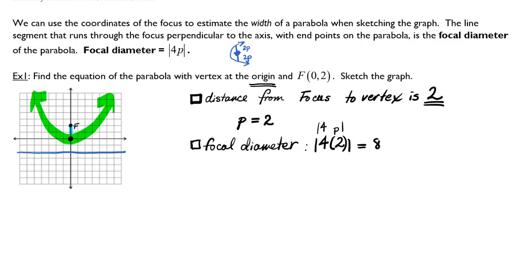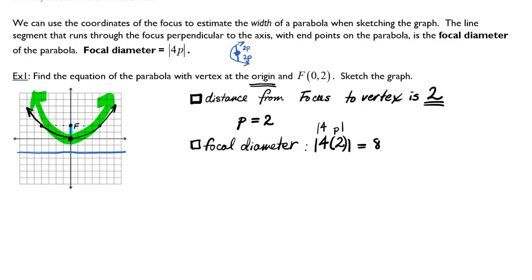And so now I can go from the focus out 4 in one direction to the right and 4 to the left. This will give me the 2 sides of my parabola, which is enough to graph this thing. And you can see how this now takes shape, and I can just fill in the rest here.